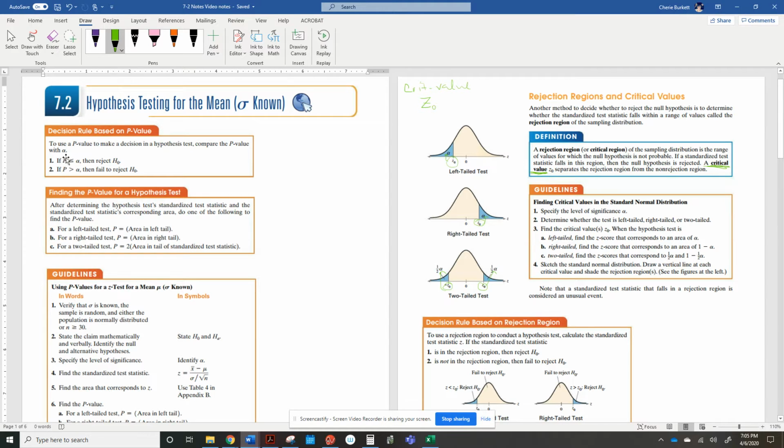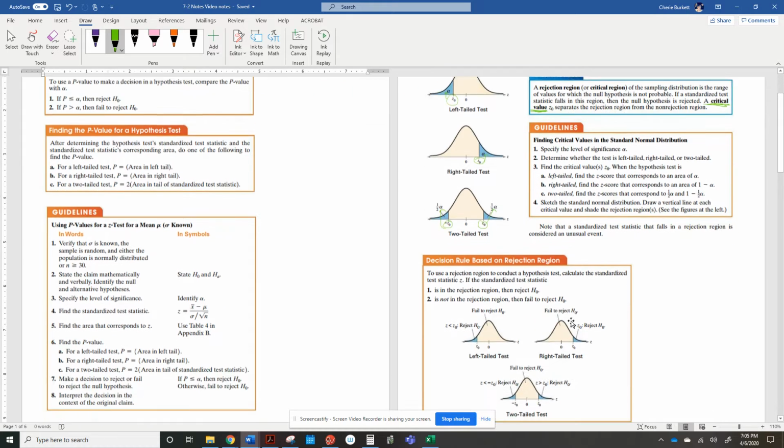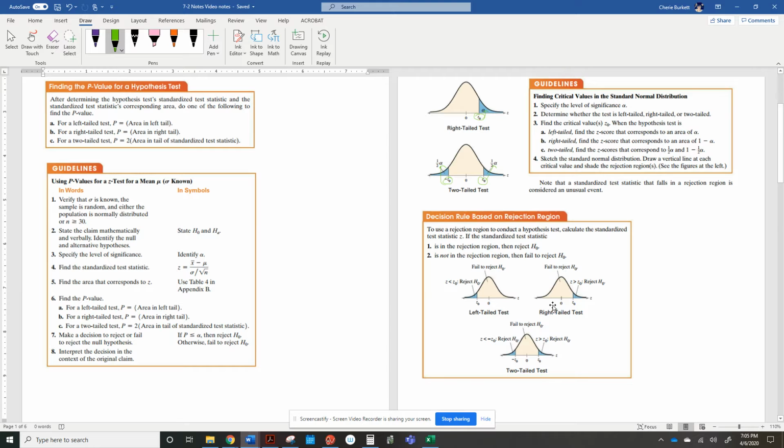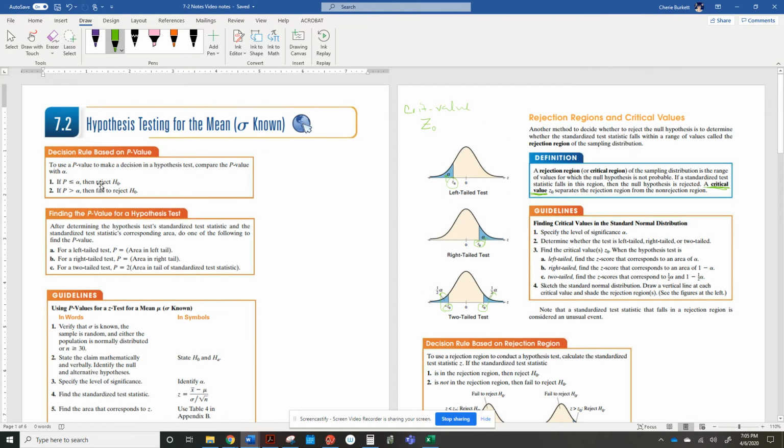It says that if p is less than or equal to alpha, then we're going to reject H sub O. And if p is greater than alpha, then we fail to reject H sub O. It's the exact same outcome as the rejection region, so this should never be a different answer. We already know that we are going to reject H sub O. I'm just going to show you that this also comes up with this answer to reject H sub O.